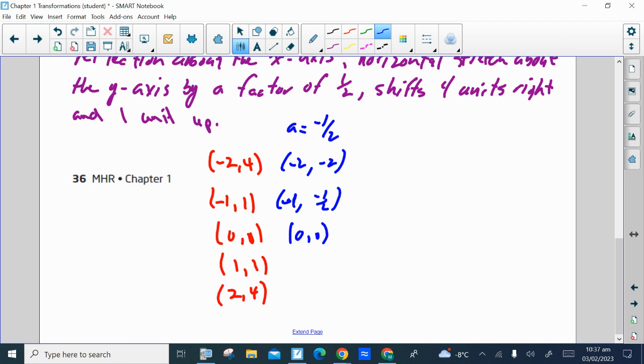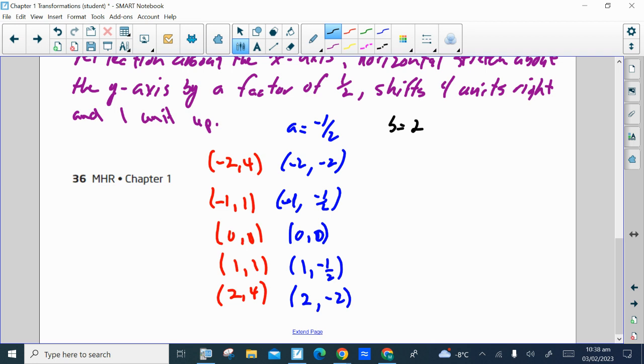So the point (0, 0) will be invariant for now. But the rest of the points will change when we multiply the y values by -1/2. Then we have a b value of 2, which causes a horizontal stretch by 1/2.